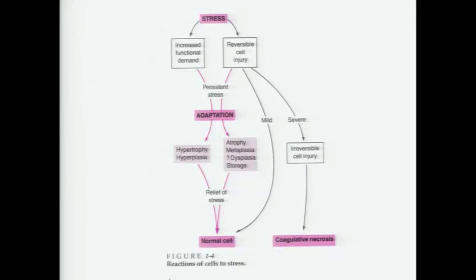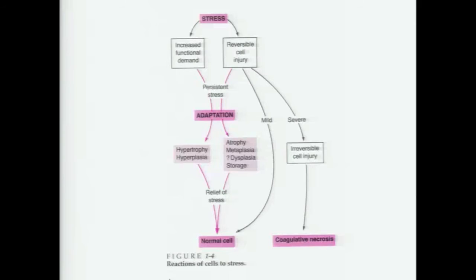Now, how a cell responds depends on the intensity of that stress and the duration of that stress. It could be that the stressor is so severe that the cell is irreversibly injured and then dies. So irreversible cell injury leads to cell death.